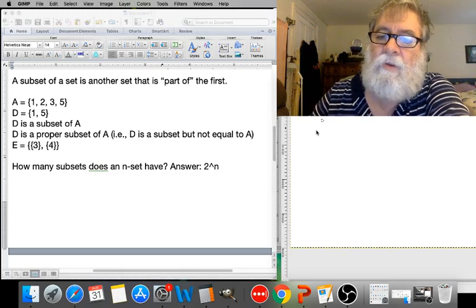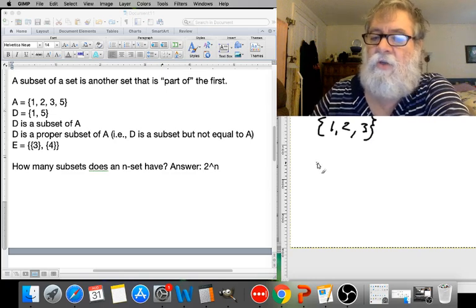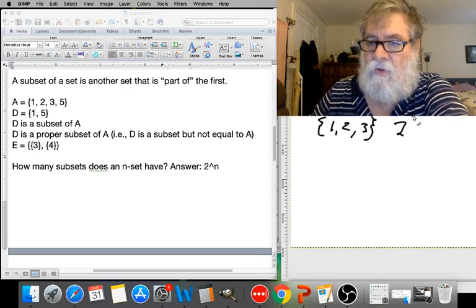But for example, if I have the set {1, 2, 3}, and you think of all the subsets, there should be 2 to the third.